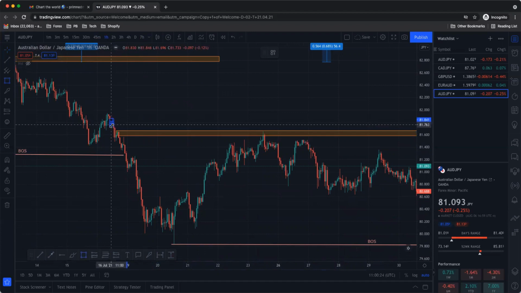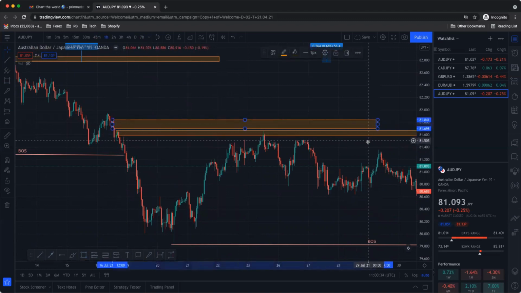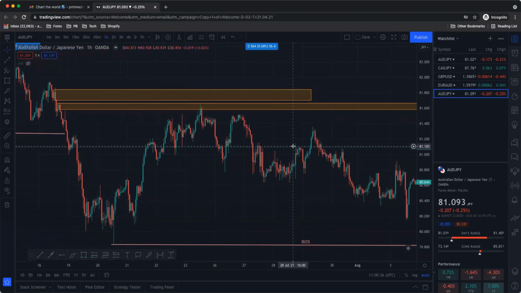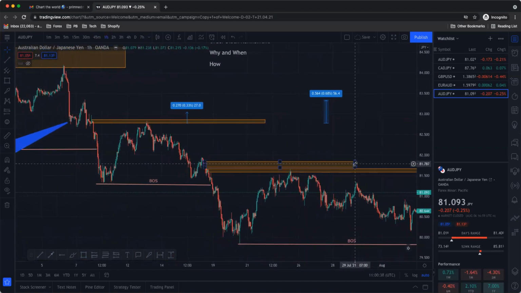Some may argue, why not this one? That is also true. This is an order block which is unmitigated, it didn't tap and come back. So in this case you have two order blocks, and the market reacted on the first. It's okay, you missed the trade. You need to make a solid rule. For example, I will only consider the order block which is the extreme, the last point, otherwise I will not get involved in the market.